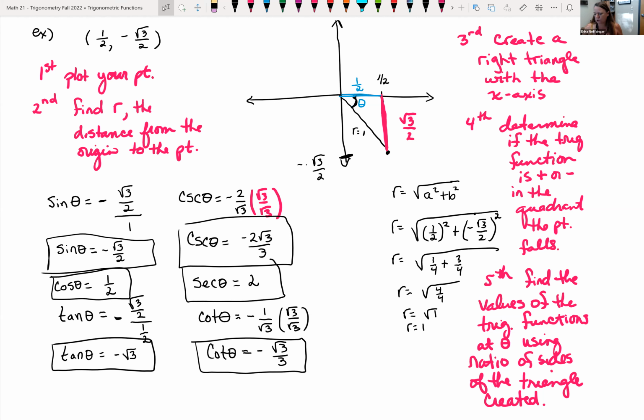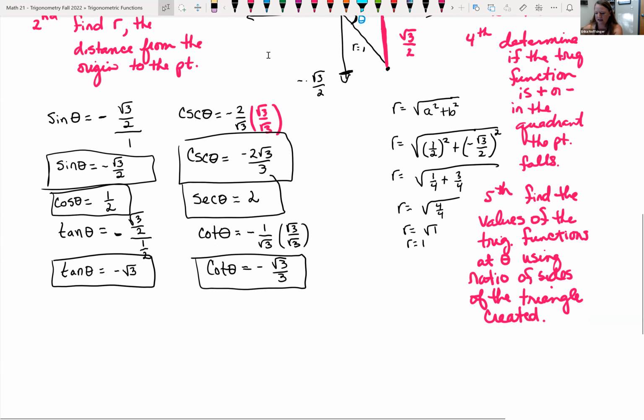And in a moment, we'll look at what would happen if we had our angle theta be a quadrantal angle. But before we do that, maybe we should look at one more example. Given a point, we want to find the exact value of each of the 6 trigonometric functions of theta from that point.